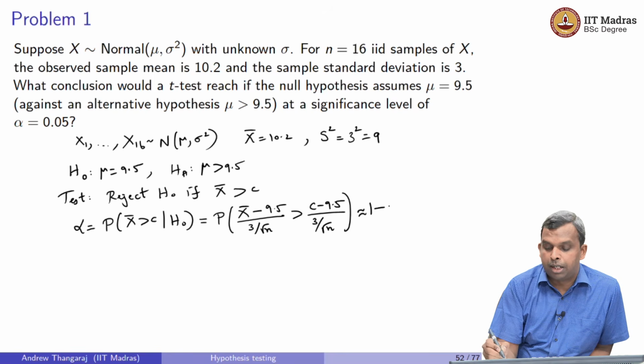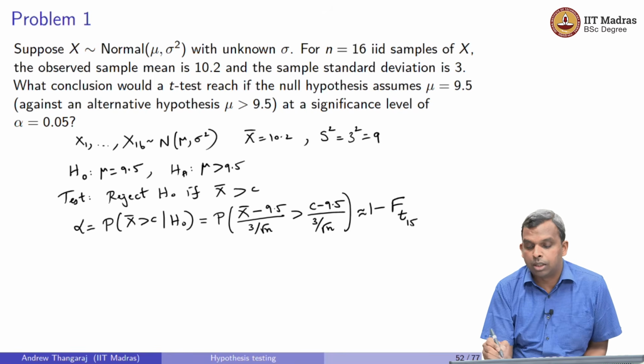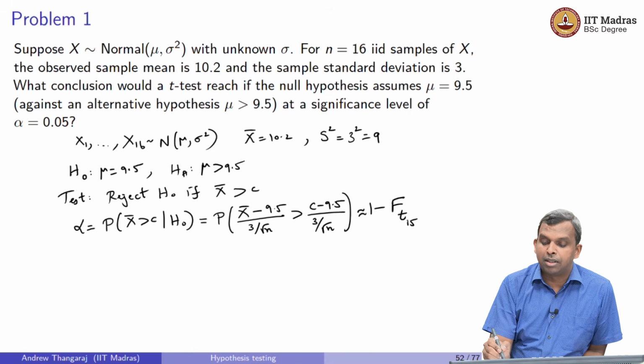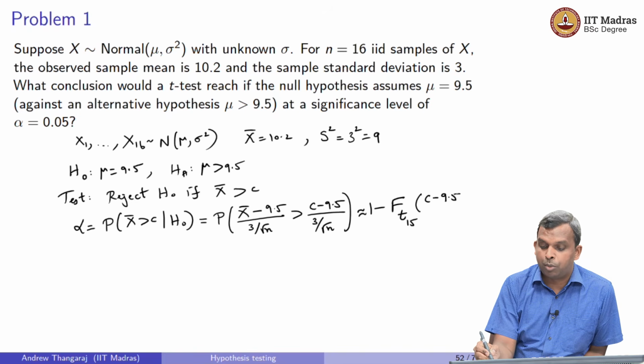And that's roughly 1 minus F_T15. Since you don't know the variance, this becomes the t distribution, and the number of degrees of freedom is 15, right? So F_T15 of (c minus 9.5) by 3 by root n. N is equal to 16, so root 16 is 4, so it's 3 by 4.